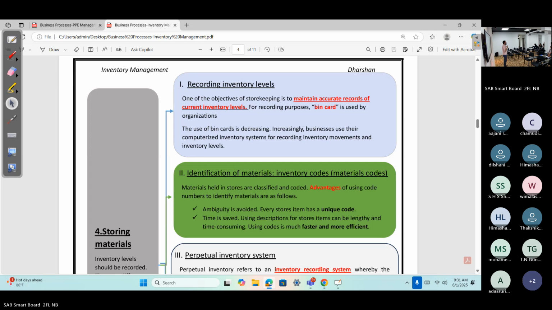So for us, it is difficult to identify which is good quality and which is second quality. But the store people should identify the item-wise with an identification code. Let's say fabric A they should recognize as A1, fabric B as B1. Likewise, they should give specific identification codes. If specific identification codes are there, they can easily identify the items. Otherwise, they have to search.